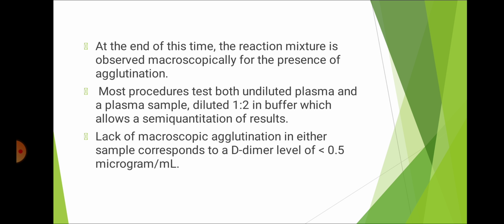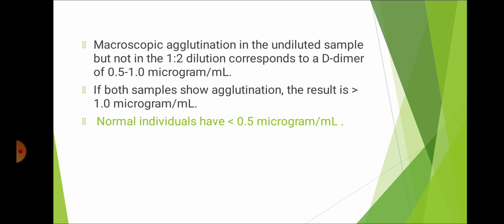Most procedures test both undiluted plasma and a plasma sample diluted 1:2 in buffer, which allows a semi-quantitation of results. Lack of macroscopic agglutination in either sample corresponds to a D-dimer level of less than 0.5 microgram per ml. Macroscopic agglutination in undiluted sample but not in 1:2 dilution corresponds to a D-dimer of 0.5 to 1 microgram per ml.